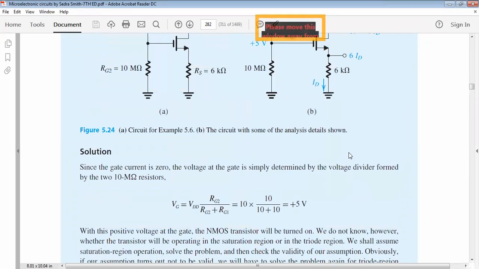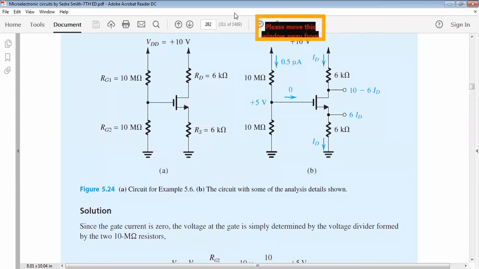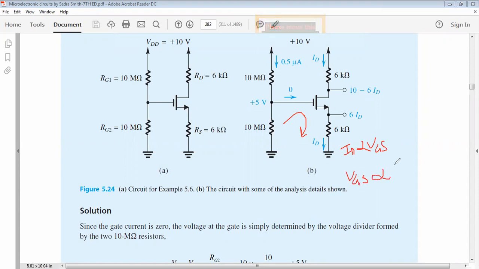Another way to solve the problem is, after applying KVL to the input loop, we express ID in terms of VGS, or otherwise VGS in terms of ID.